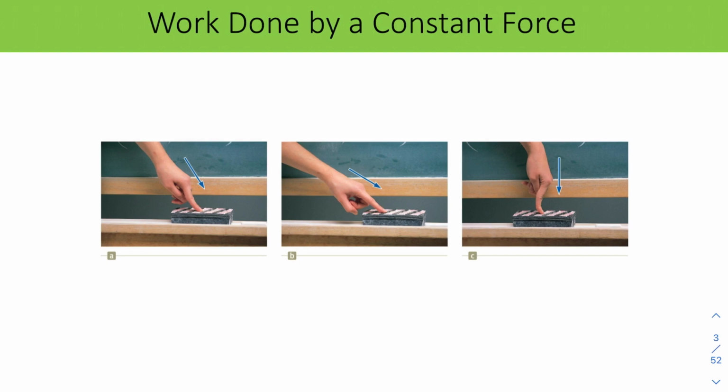So in this case, if we transfer our duster into a simple object, let's say the duster is going to be displaced in this direction. This is the displacement experienced by the duster, and here is the applied force by the hand on the duster. So the angle between them does affect the amount of work done.